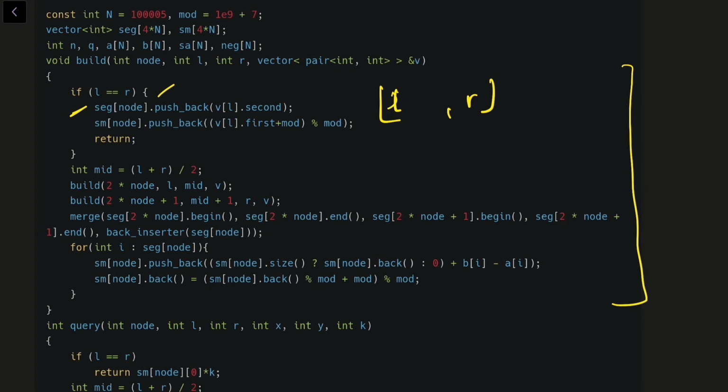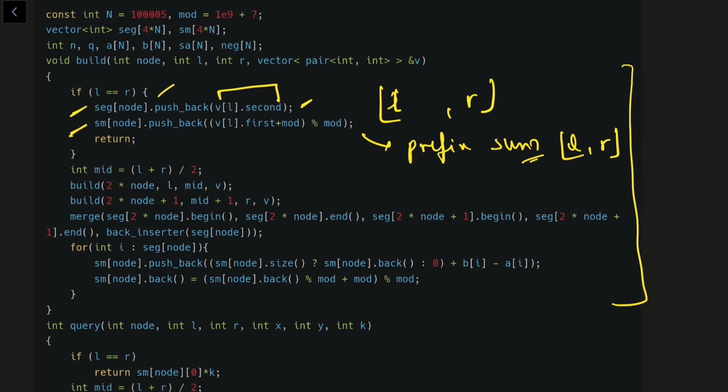Okay, so we are storing the indices here, right? And this SM will store the prefix sum, as we have already discussed, that we can take another array. So SM is storing the prefix sum of all those elements in range L to R which are already sorted. So we are doing the prefix sum of them in some array called SM, right?